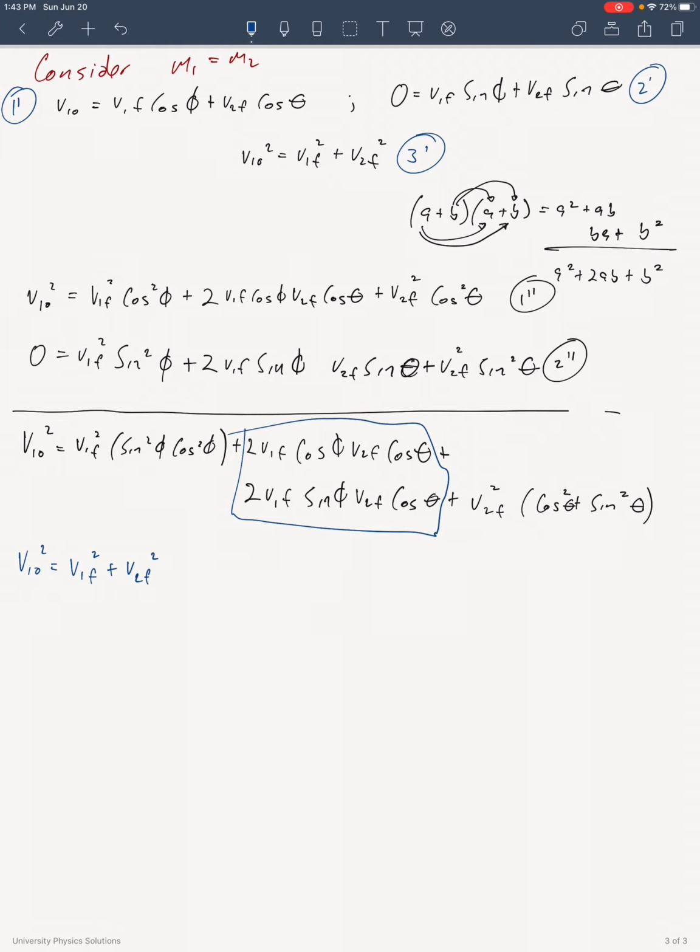Now, notice that I have a lot of common items. 2b1f, b2f, 2b1f, b2f. So let's put those together. And now I put all the cosines and sines. Cosine phi, cosine theta, plus sine phi, sine theta.